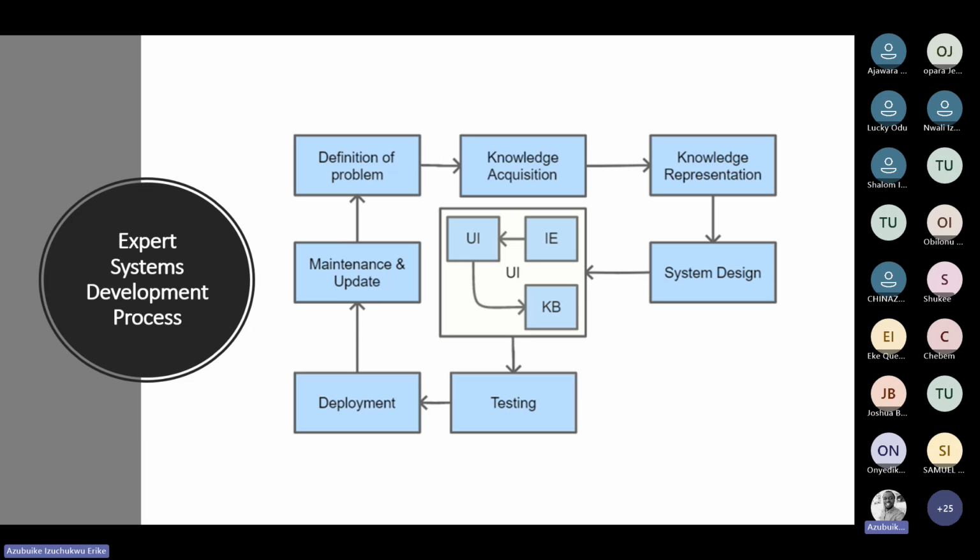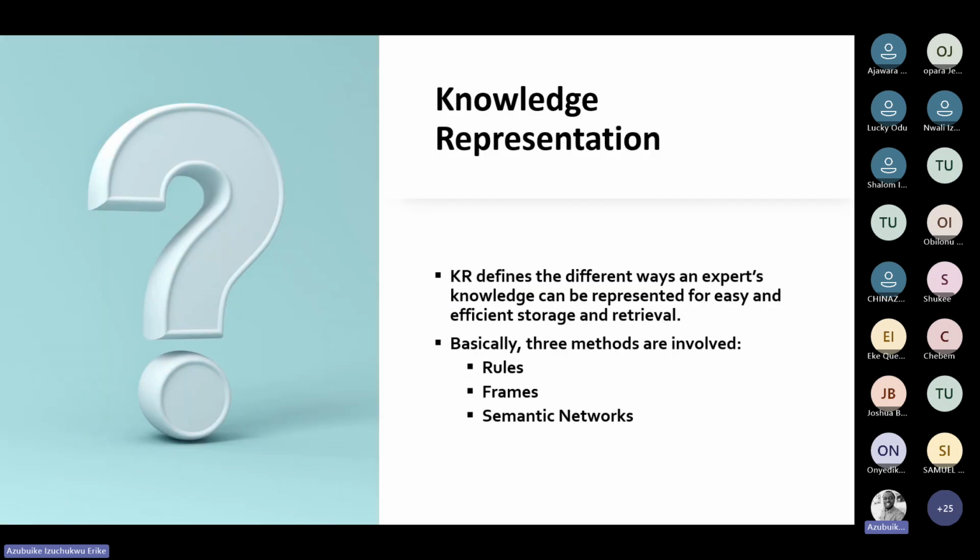Okay, now let me go further to knowledge representation. So how do we represent knowledge in the expert system? We say that knowledge representation defines the different ways an expert's knowledge can be represented for easy and efficient storage and retrieval. Now it's not as if we cannot dump the whole corpus in a database, no, but we are looking at the way we can represent this knowledge for easy and efficient storage and retrieval.